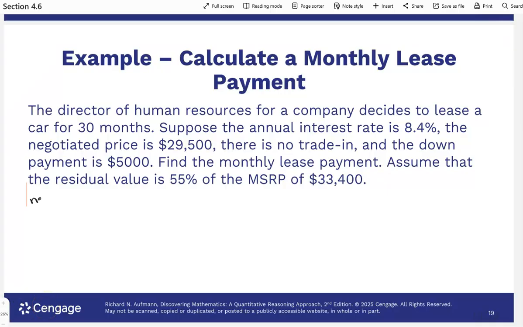So we need to find that net capitalized cost. That's the difference between the negotiated price and the down payment. And then we're going to take off the trade-in value.